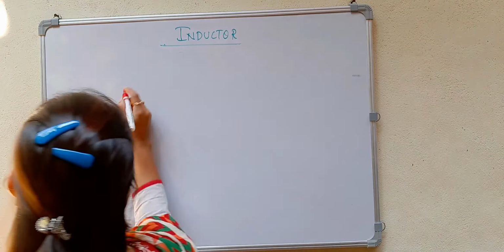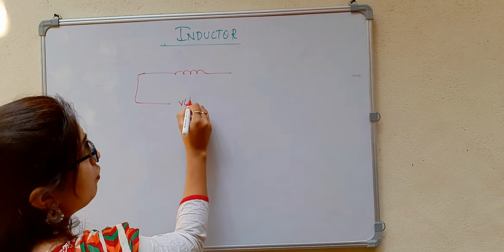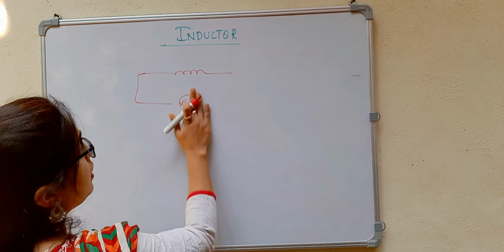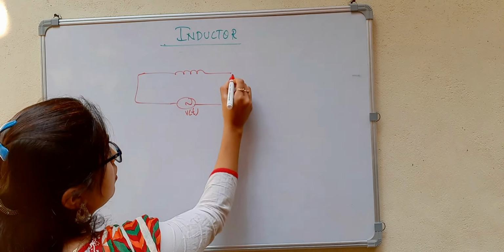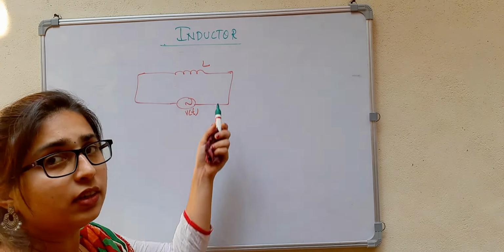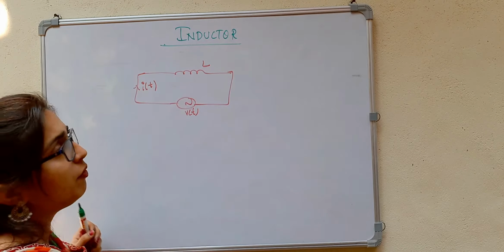So if I consider this inductor and I am applying a varying voltage V of t, an alternating voltage, this is L, the inductor L, and the current flowing is also time varying.